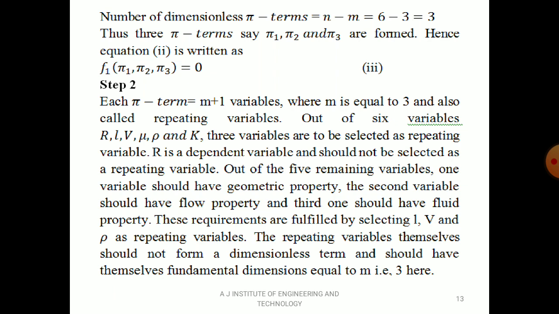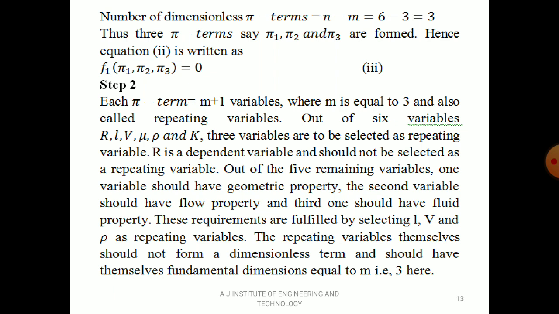Out of the 5 remaining variables, one variable should have a geometric property, the second should have a flow property, and the third should have a fluid property. These requirements are fulfilled by selecting L, V, rho as repeating variables. We can see in the problem there is no diameter term, so we give importance to length as the geometric property.